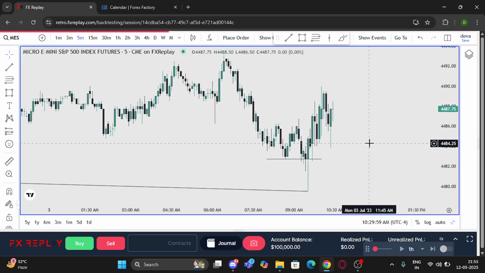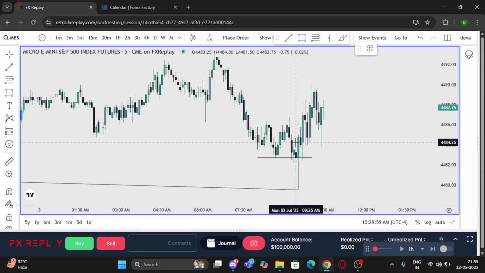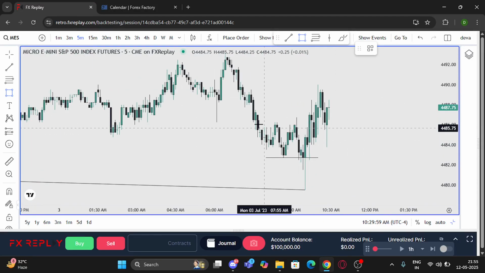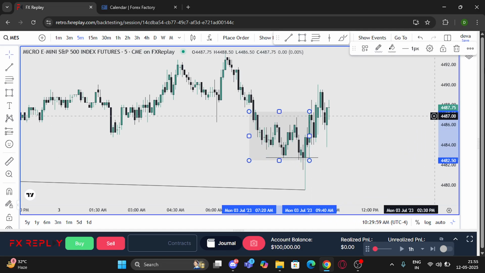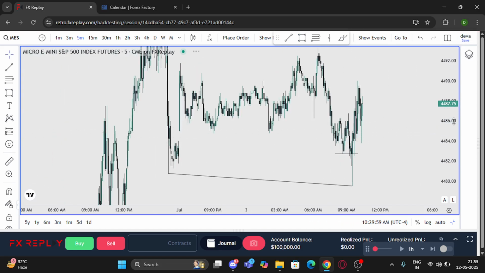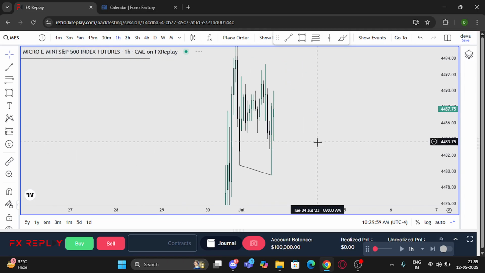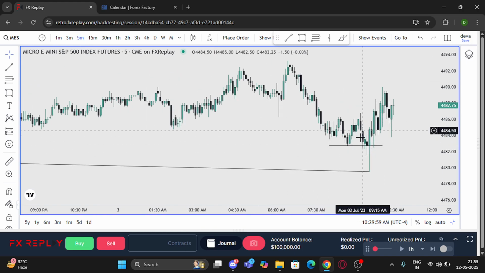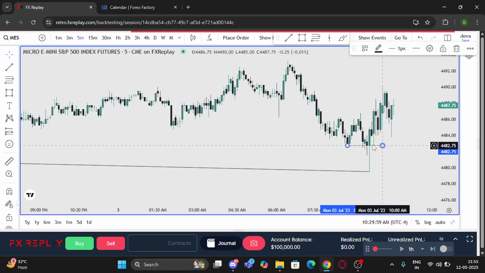I don't really need to focus on the price action when it looks absolutely bad. I don't really like this condition, honestly, so I want to skip this. Even though I have a model here which is actually present, I don't want to engage on this kind of price action. This is not a cleaner price action which you need to capitalize on.